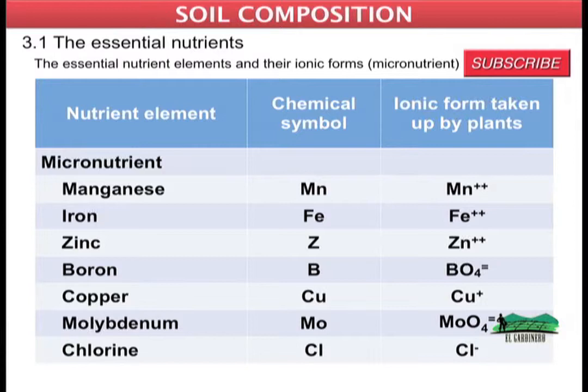Manganese, iron, zinc, boron, copper, molybdenum, and chlorine are the most common micronutrients. Again, these nutrients are required by plants in smaller quantities than the macronutrients shown in the earlier slides.